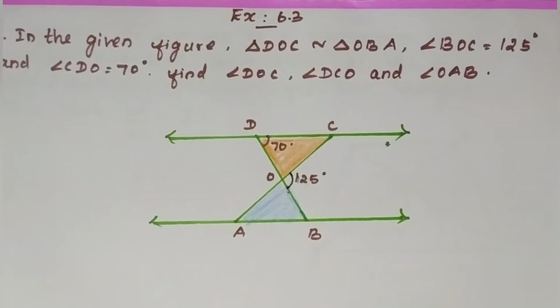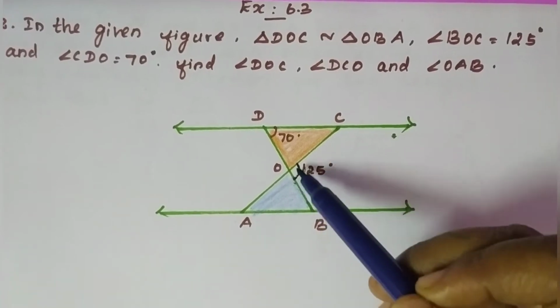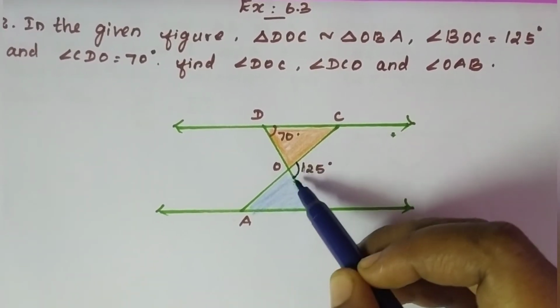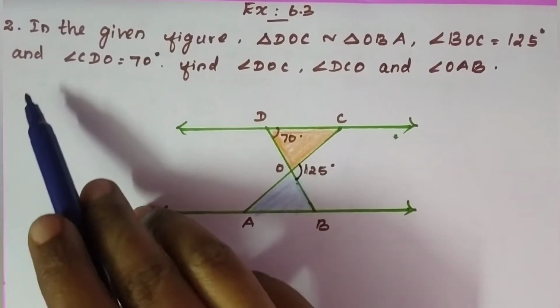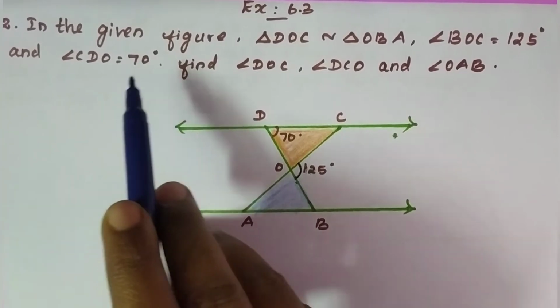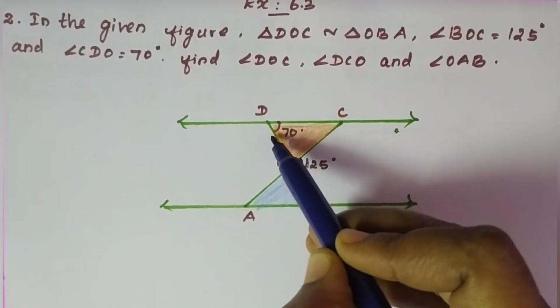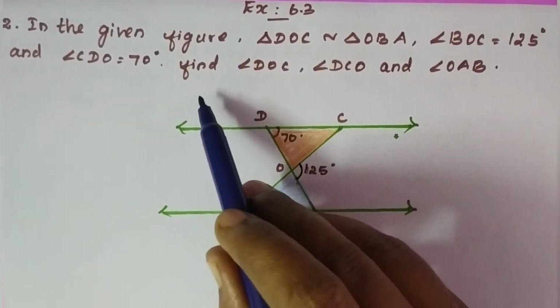This is given, and angle BOC is equal to 125 degree. Here you have to denote that 125 degree at BOC, and angle CDO is equal to 70 degree. At D you have to denote 70 degree.